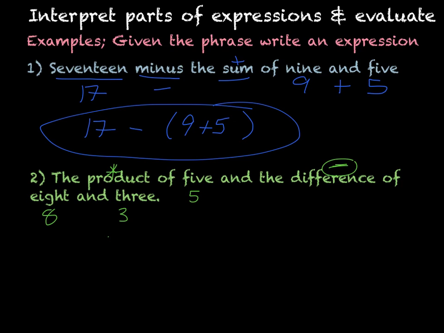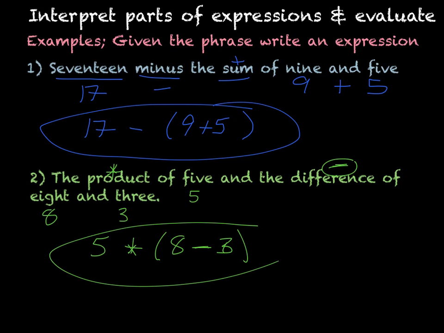So the product of 5 and something. So 5 times something. And that something is the difference of 8 and 3. So we have 5 times 8 minus 3. Final answer. So just make sure you break it down and reread it and make sure that it seems to make sense.